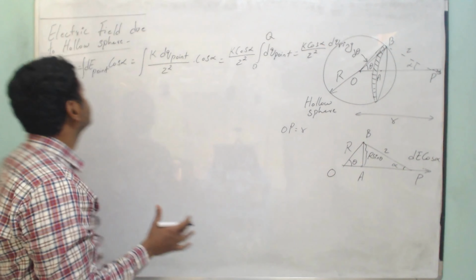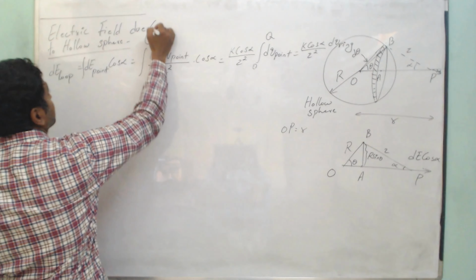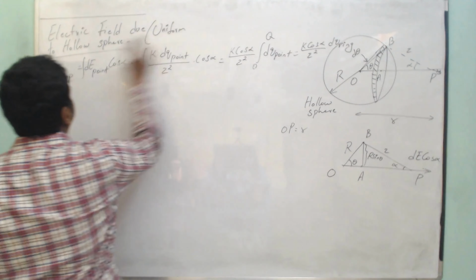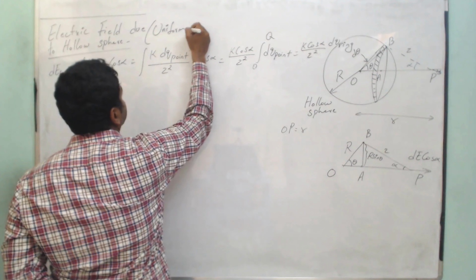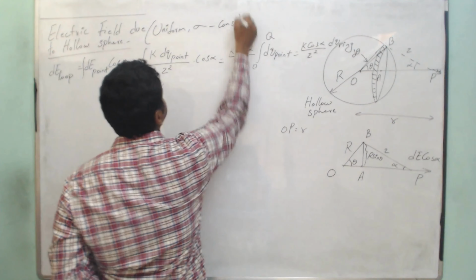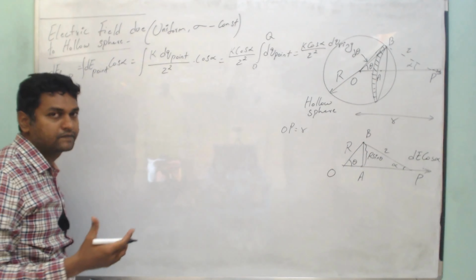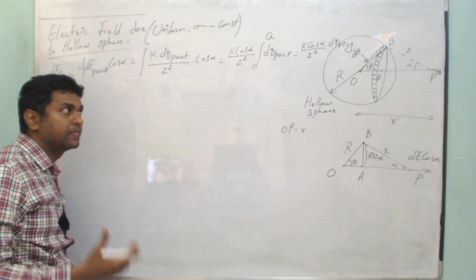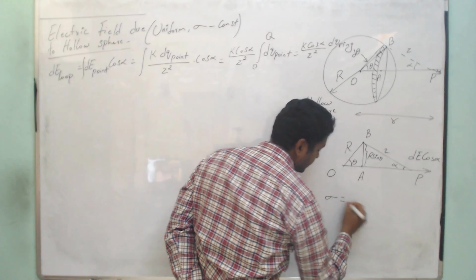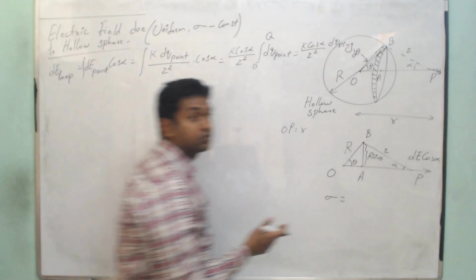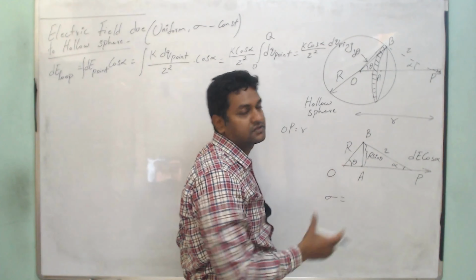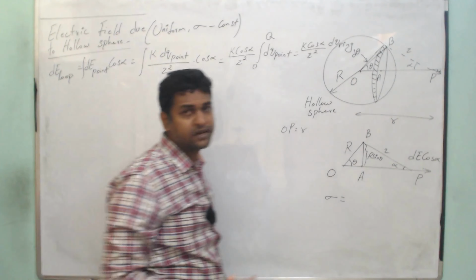Now, here we are talking of a uniform hollow sphere. That means my sigma comes into play, and uniform means my sigma is a constant. As soon as I say sigma, that means I am talking of a hollow sphere.